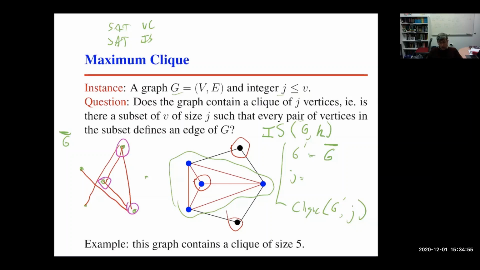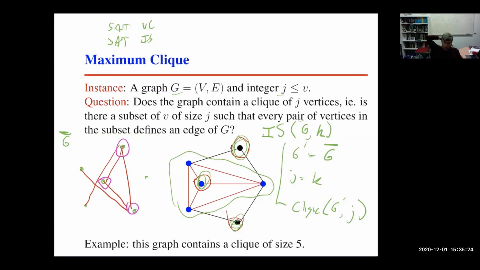So what you're saying here is this is going to be G equals K. This is the transformation. I want people to think about it. Do they see what we're doing here? If we complement the graph, then anything that was an independent set now becomes a clique.